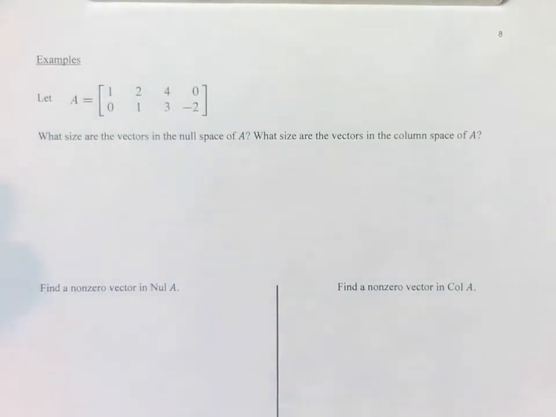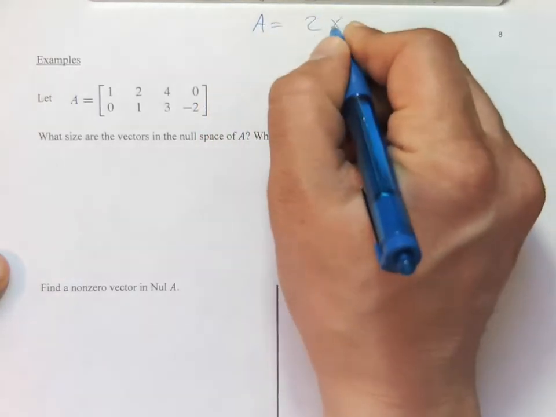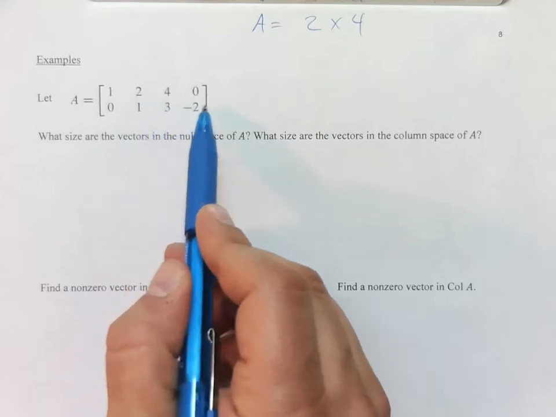Okay, so here's A. It's a 2 by 4 matrix. There's 2 rows and 4 columns. And the column space is just linear combinations of the columns.